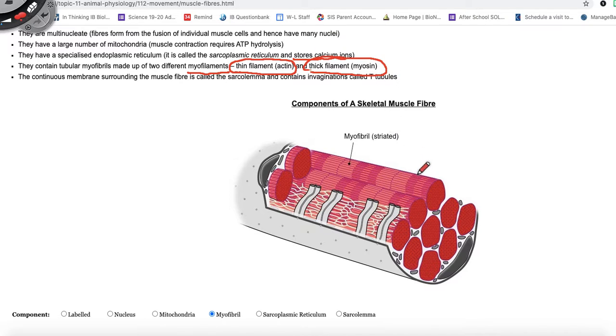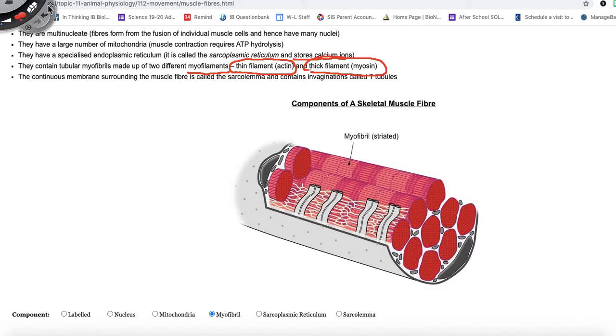So we're going to look at those two myofilaments within the myofibril, right, within the tubular component here, because it is here, the sliding of these thick and thin filaments, that we actually get the muscle to contract with the help of the sarcoplasmic reticulum and the calcium that gets released.